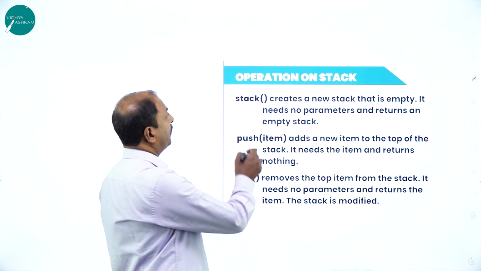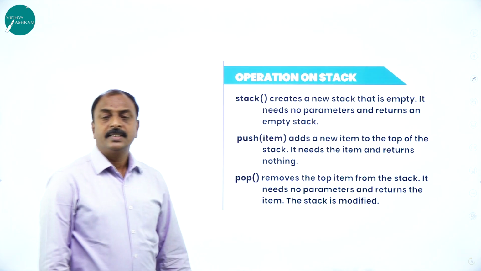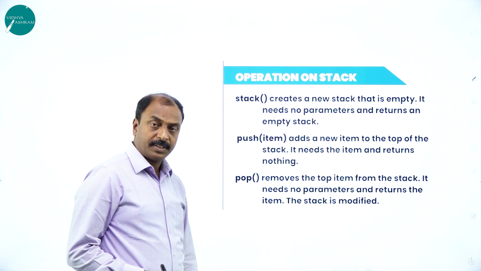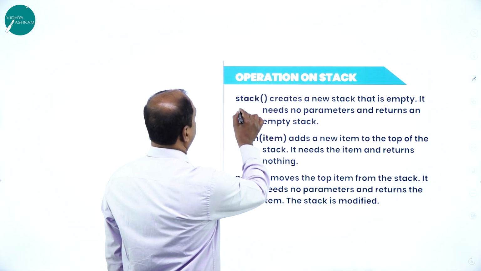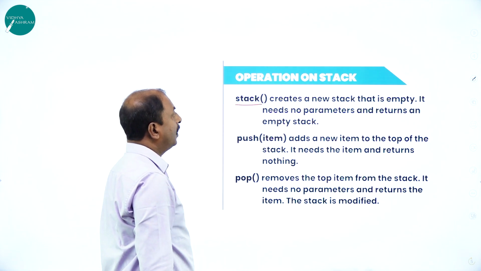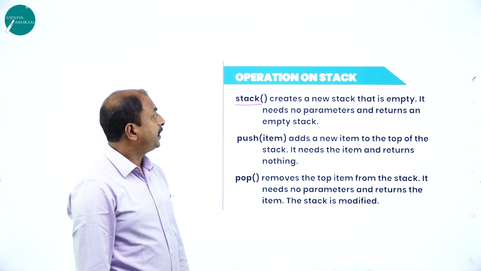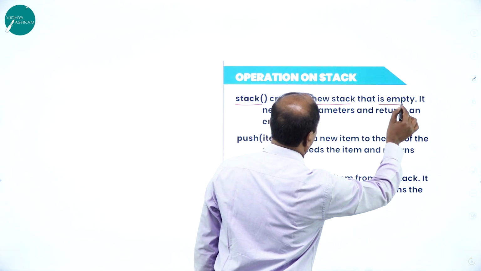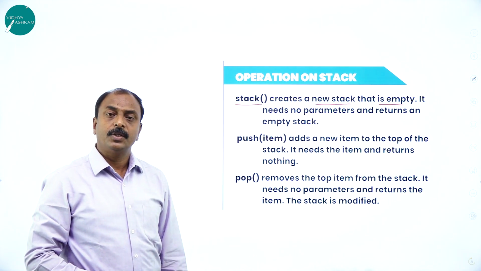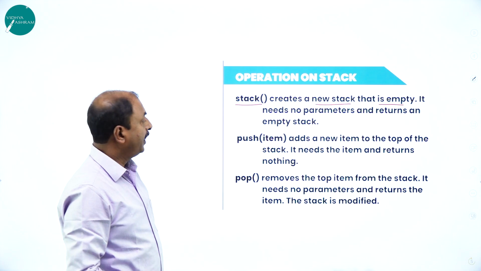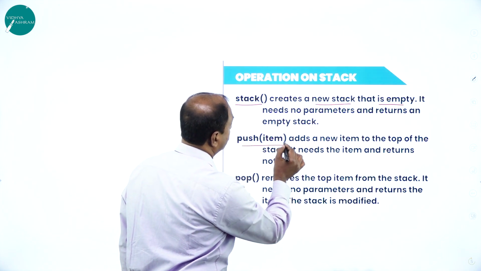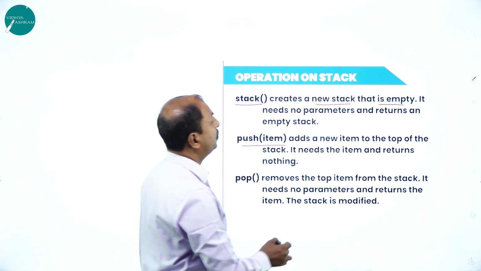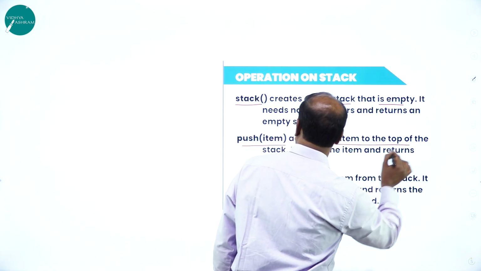Next one is operations on stack. Stack is a data structure and we can have different types of operations. The first one is stack. It is an operation that creates a new stack that is empty. Next one is push an item. Push item is a function that adds a new element at the top of the stack.